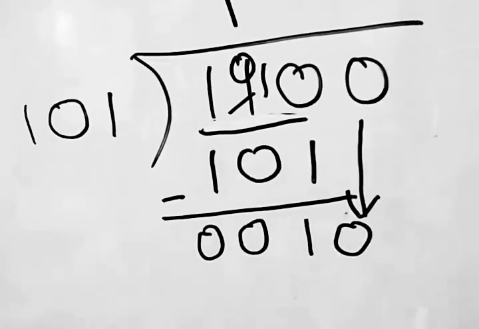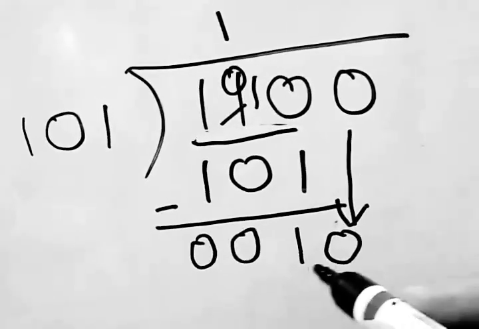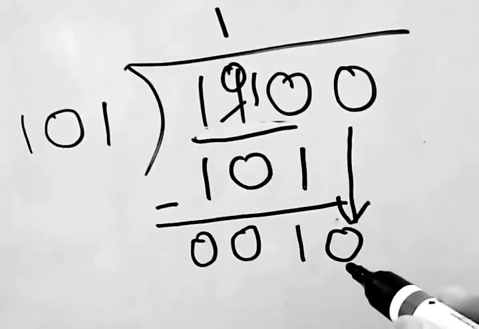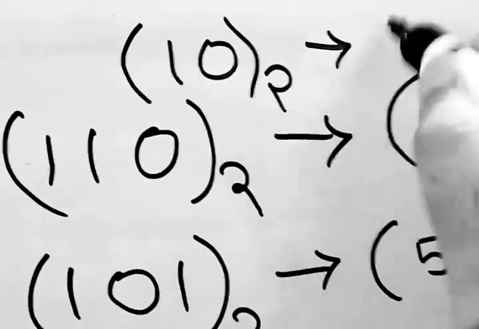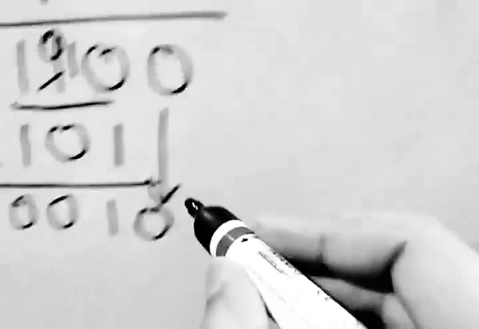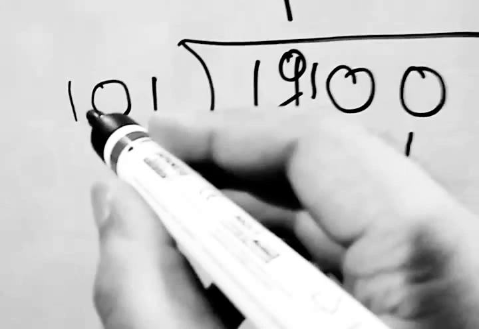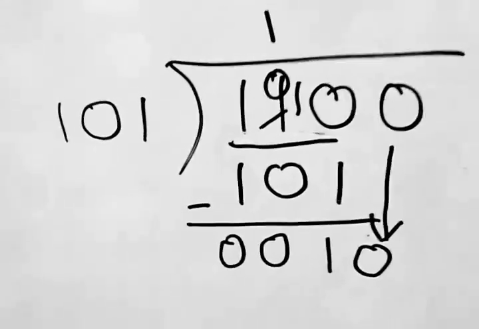Now you can see 10 remains, and 10 in binary means decimal 2, and we know 2 is less than 5, so now no more division will be possible.